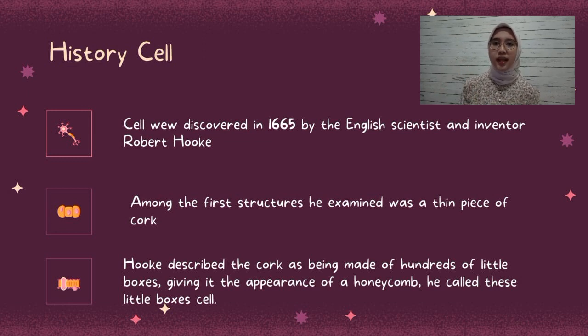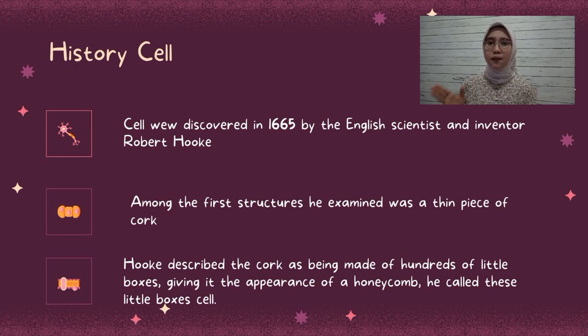The fourth is that the cell is the unit of life and function for metabolism, namely the series of chemical reactions of life that take place in the cell. The part of the cell that is the site of metabolism is the cytoplasm. The cytoplasm is the fluid in the cell that is located between the nucleus and the plasma membrane.